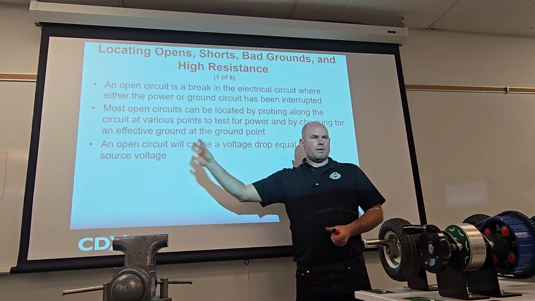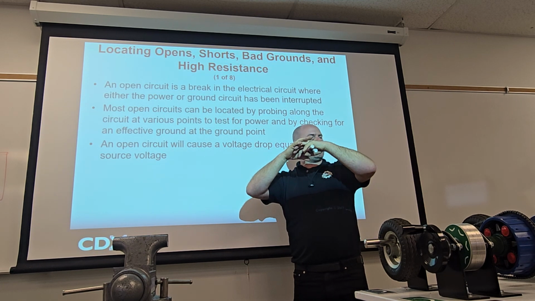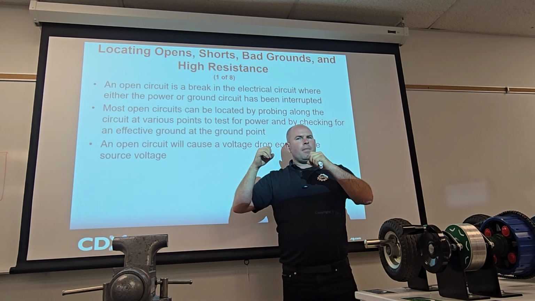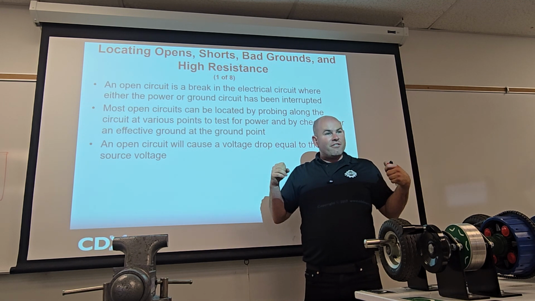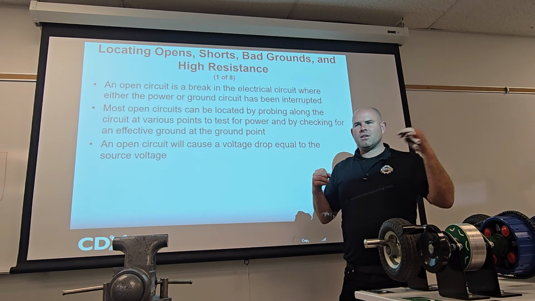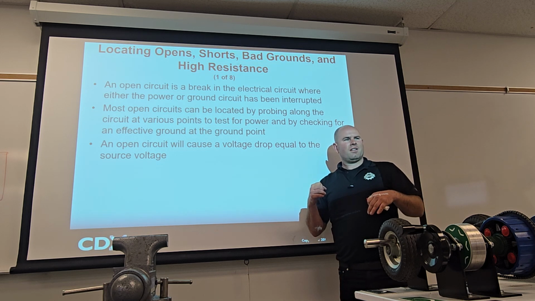An open is an open. That means the wire is totally separate, or the connector is totally separate, or the component's completely open. A high resistance means it's still connected, but it's dropping some voltage, but not the full voltage. Then why was it a big deal that he was changing it to a short? Short just means that it's jumping to the easiest path.